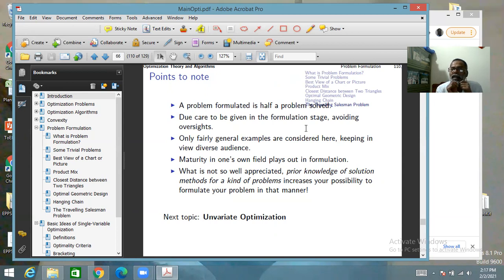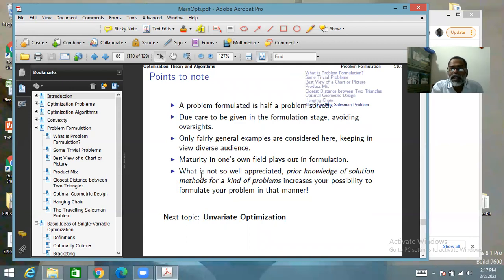Here, I have considered only fairly general examples, keeping in view a diverse audience. But in your own field, when you come across suitable problems, you should be able to spot them, that this is a problem of that kind. Let me try to formulate it in this way, and so on. And in the formulation, it will come out how well educated you are in your own field.